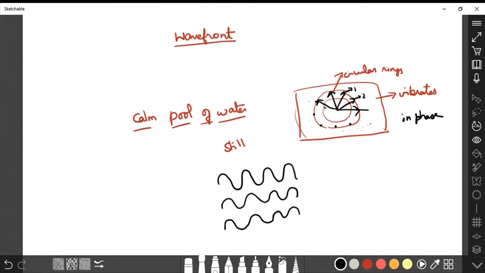Now you see this particle, this position and this position. All the particles have the same amplitude, or otherwise all the particles are in phase with each other. If you connect all the particles which are in phase, then we get one shape, that is called wavefront.